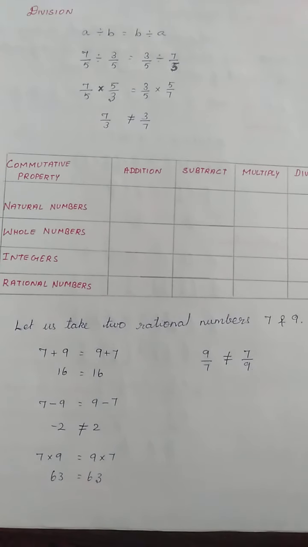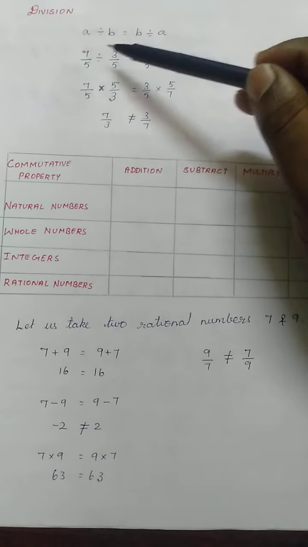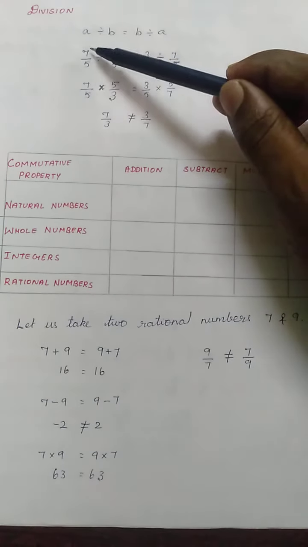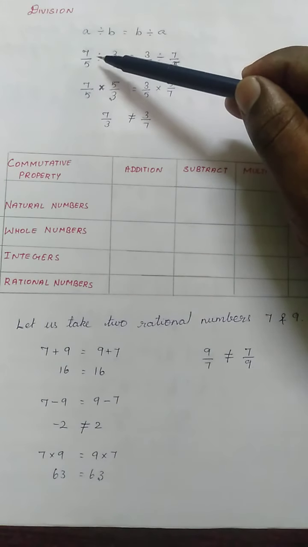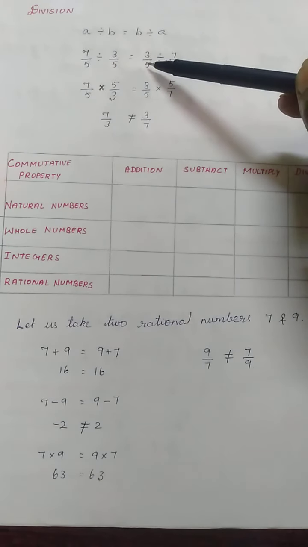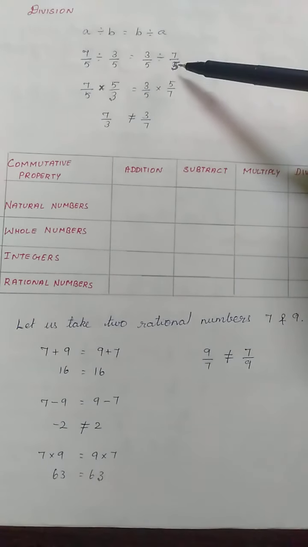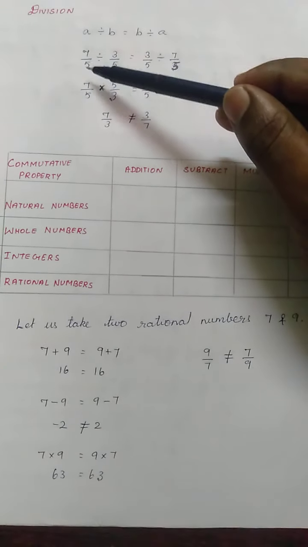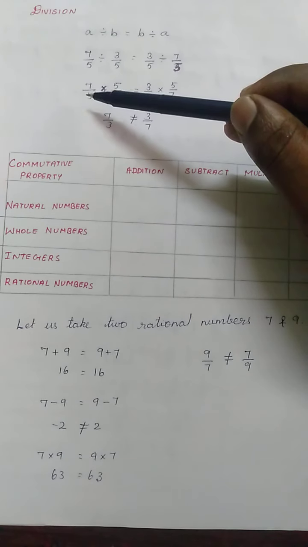Now let us go for division. A divided by B is equal to B divided by A. 7 by 5 divided by 3 by 5 is equal to 3 by 5 divided by 7 by 5. Same concept. So 7 by 5 will be as it is.